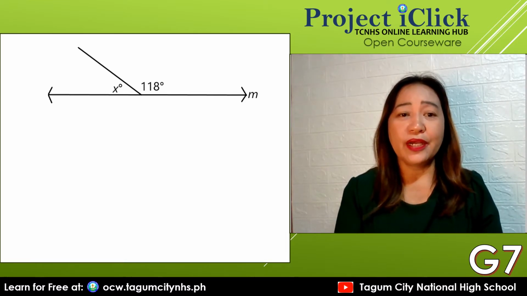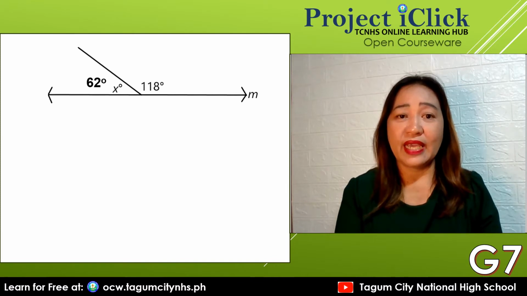Therefore, we are going to subtract the measure of angle 1, which is 118 degrees, from 180 degrees, and that is 62 degrees. So the two angles now are said to be supplementary angles because the sum of their measures is 180 degrees.